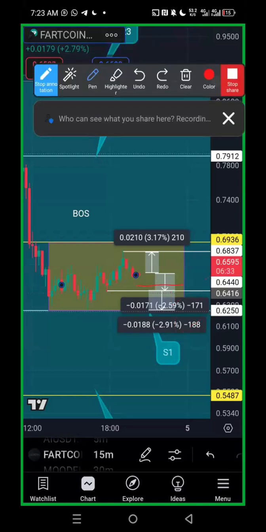I establish that percentage as my first call drop. Then the second call drop comes when you measure the distance from the first mini support to the major support, which is S1, which we identified in the higher time frame. And then you're basically good.